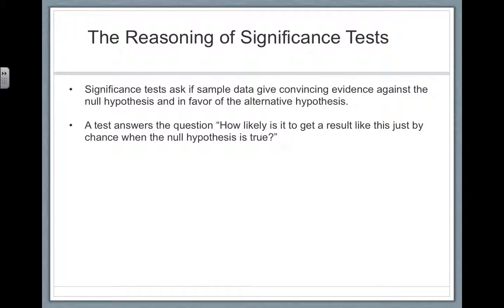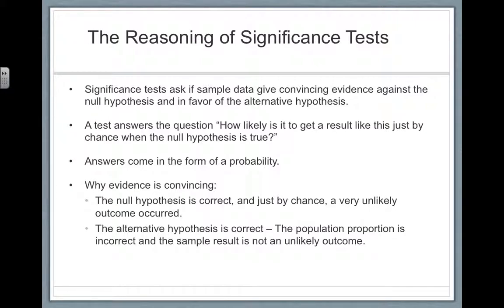And if it was a really, really small number, we understood that as unlikely to occur if the actual proportion for the population was what it was given. Okay, so these are very closely related to that idea. Answers will come in the form of a probability.